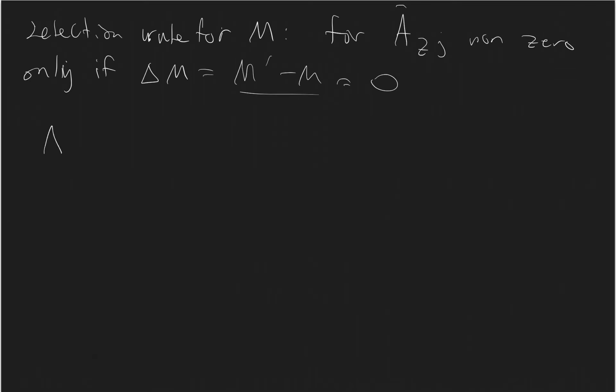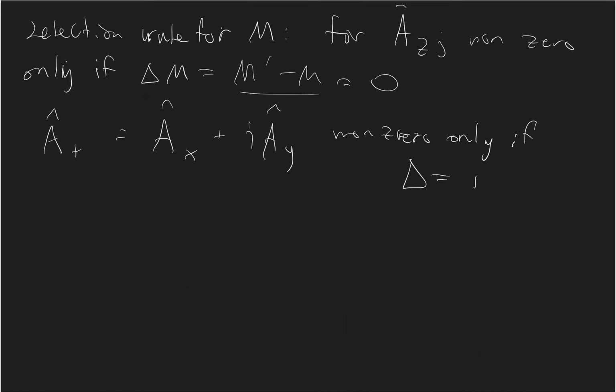And for the raising operator, we have the other directions times some i, and it does matter which way you pick it out. It's non-zero only if the change in M is plus 1.